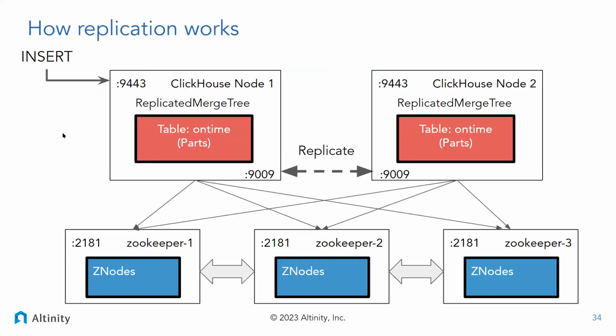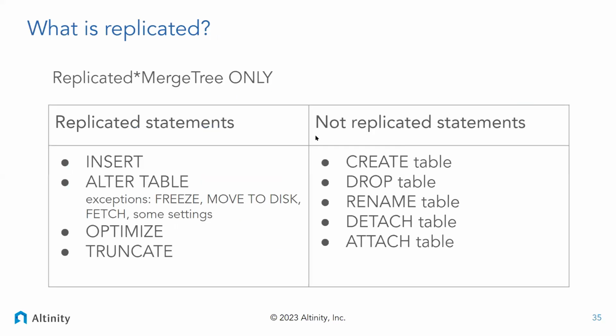So getting back to replication, how does it work? Well, you insert into one table, and then that part will get published to Zookeeper or ClickHouse Keeper, depending on which one you're using. And then other tables will see that and understand that it needs to be replicated. How do they see it? Well, actually, let's first of all talk about what's replicated.